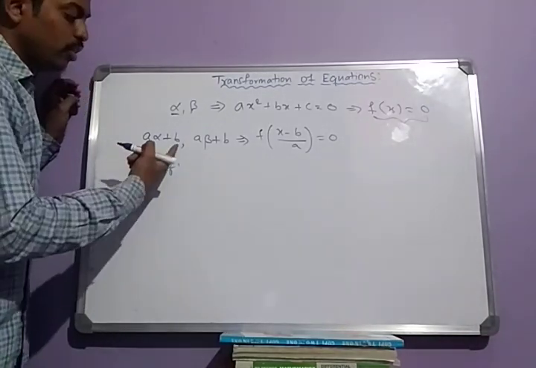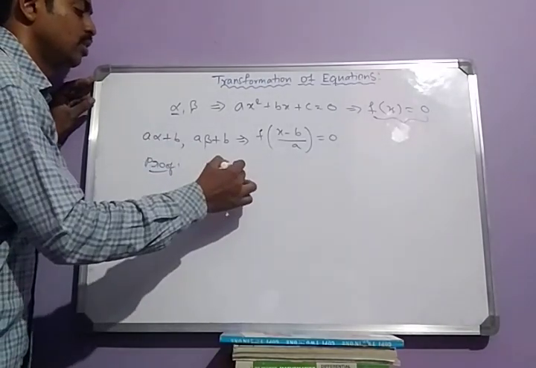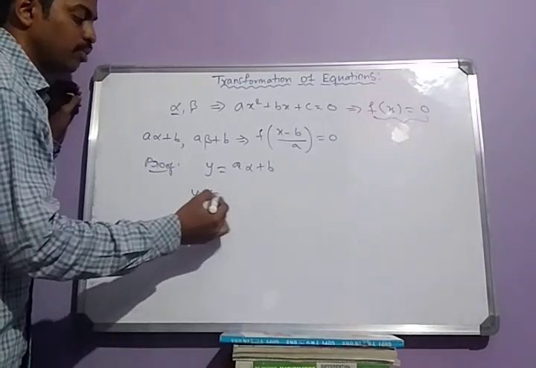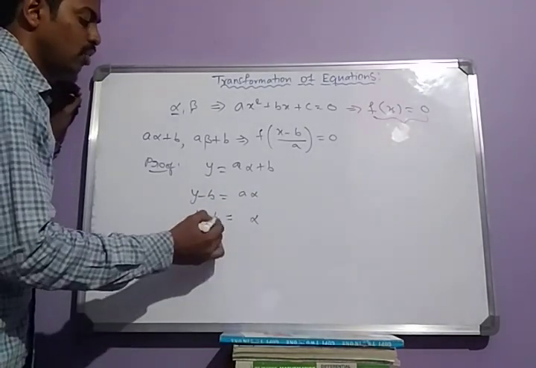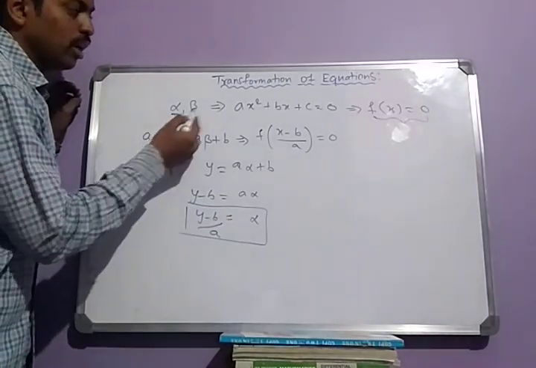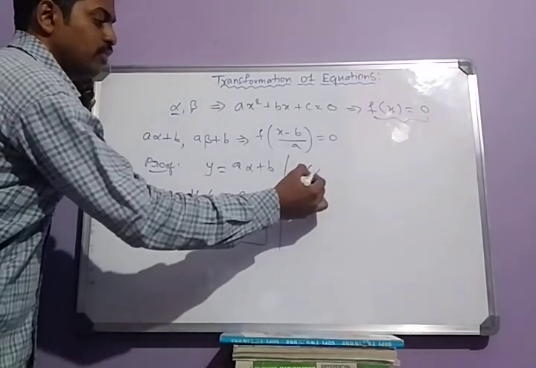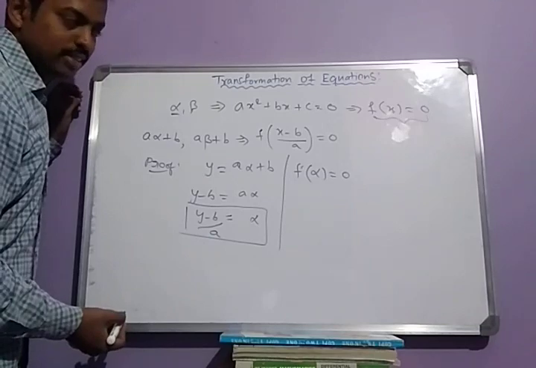So as I told you, you can take any one person among these two as y. So I will take y is equal to a alpha plus b. So take b to the left side, transposing it, y minus b is equal to a alpha. From here you will get alpha is equal to (y minus b) by a. As I told you, alpha is a root of f of x is equal to 0. That means in place of x we can substitute alpha. It satisfies the equation.